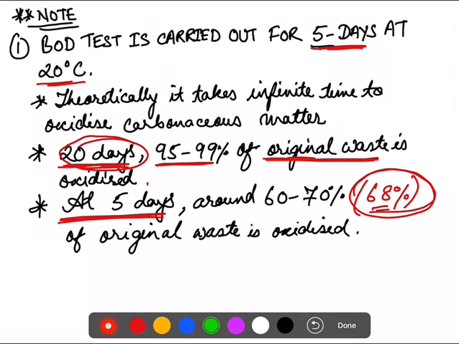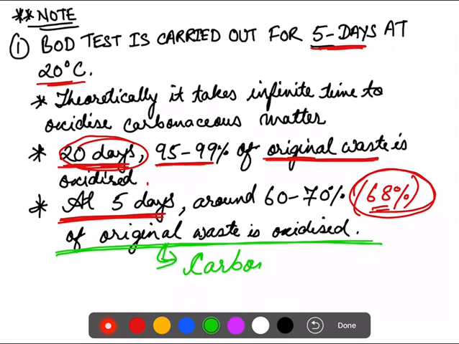So this is your carbonaceous waste, not the nitrogenous, because at 5 days nitrification has not started yet. So only the carbonaceous waste.